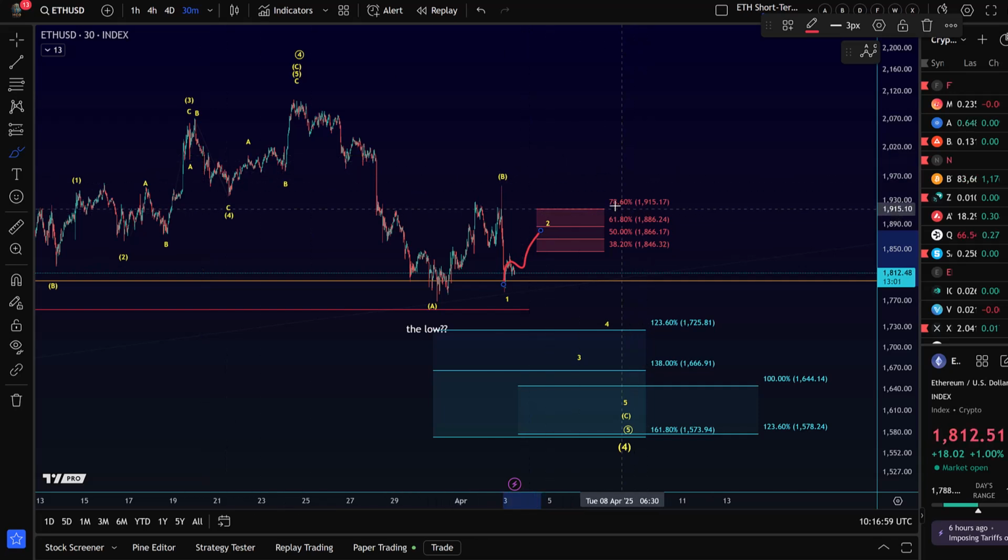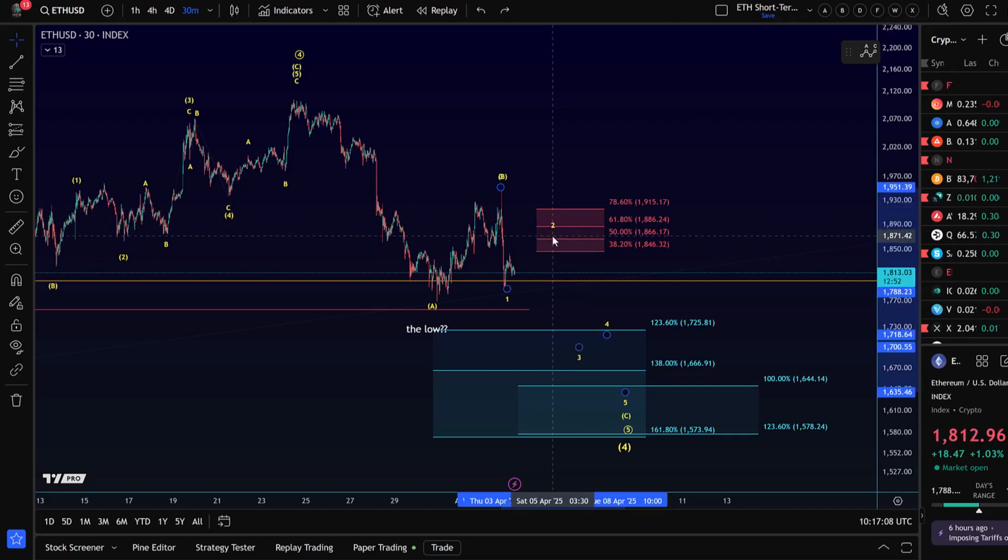And any break, as I said, above 1915 would make us do that, because the wave 2 shouldn't really break above the 78.6 retracement. It just shouldn't. That's very important because the Fibonacci levels are mathematical representations of market sentiment. So if we see a break above one of these levels, it indicates that, for example, if it's a break above resistance, the bulls are trying to take the lead.